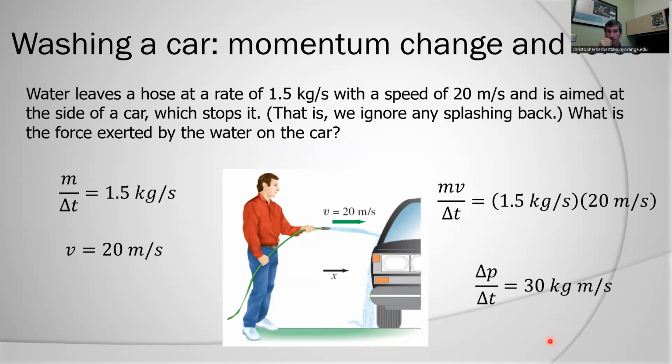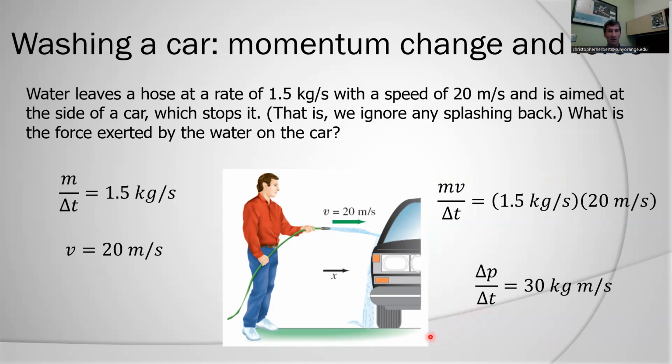Here's another interesting way of using momentum to find out a force. If you've ever seen firefighters with a hose, and the fire hose is giving off a tremendous amount of water, you know that there's a lot of force behind this, and multiple firefighters usually have to get on the hose to prevent the reaction from the action of the water coming out.